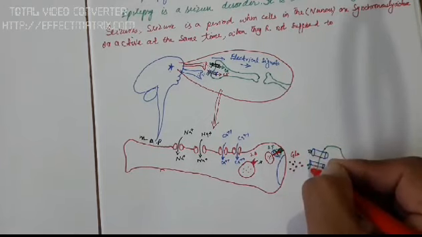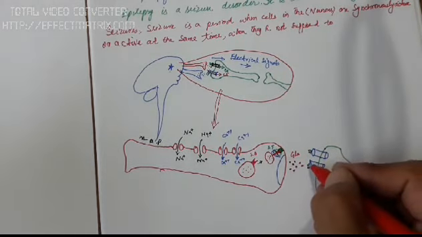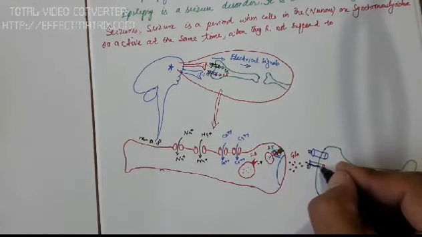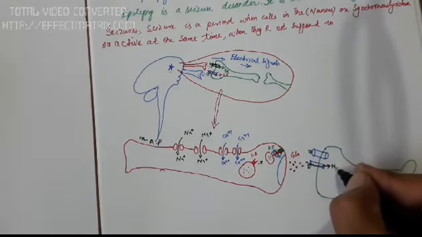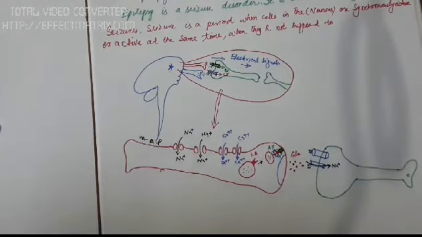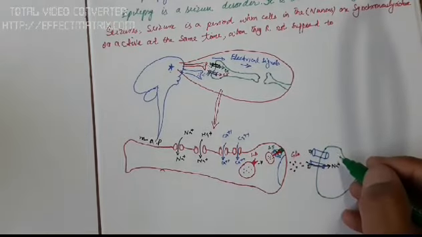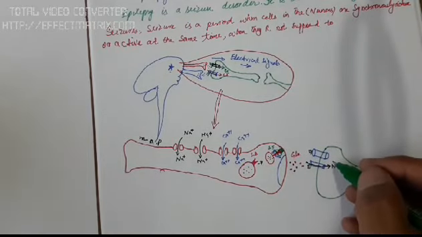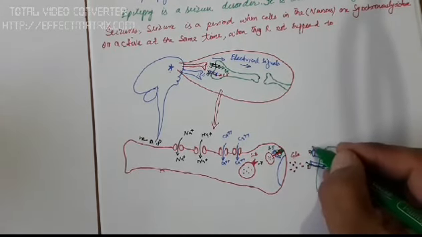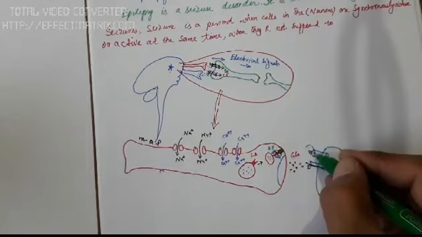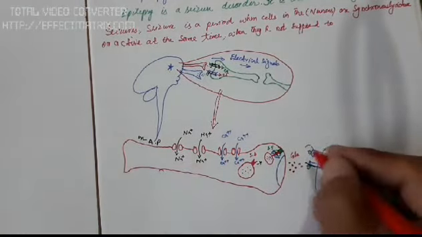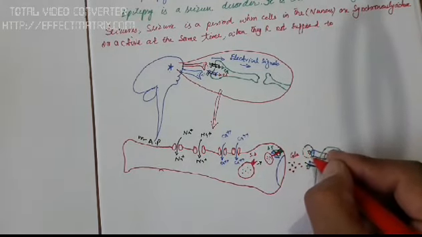When glutamate binds over here, it will first cause sodium ions to come in. When the voltage inside this neuron is increased by the positive cation sodium ion, this channel, which is normally blocked by magnesium, opens.